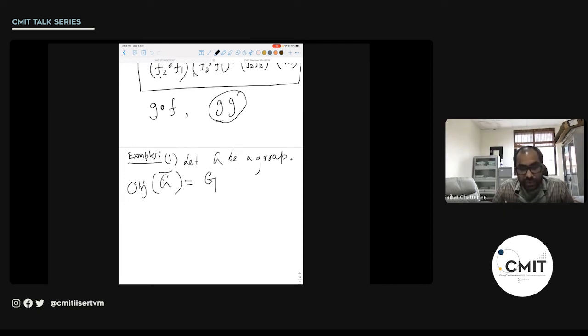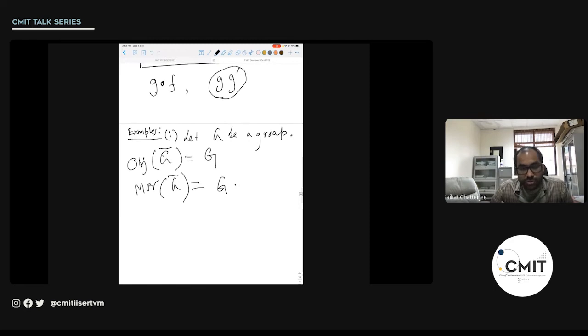Here you see the difference: earlier, when I said the category of groups, an object in that category was actually a group. And here the entire object set is a group. That means an object in this category is actually a group element, right?